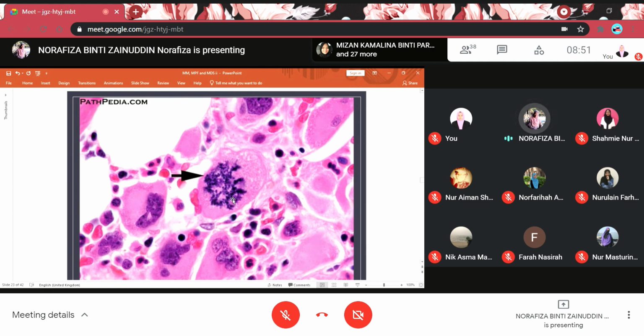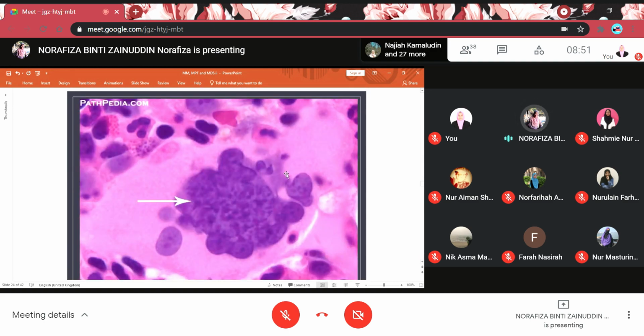In the absence of JAK2 V617F mutation, all these reactive conditions must be excluded, and other diagnostic criteria of ET must be met. Okay, so you have to be careful because this is not only present in ET, other reactive conditions are also there, but in order to confirm the diagnosis, ET patients have the JAK2 V617F mutation.